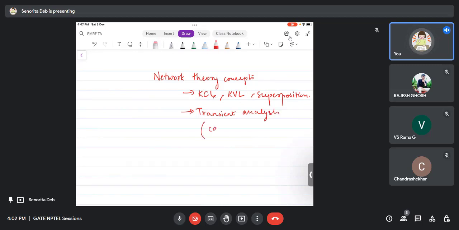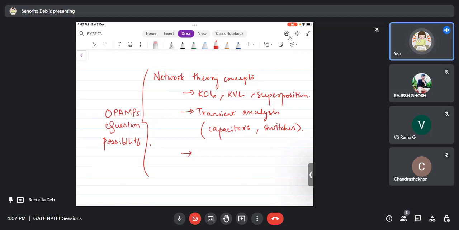Mostly transient analysis will use capacitors, switches, like that. What more can they do with Opamps?